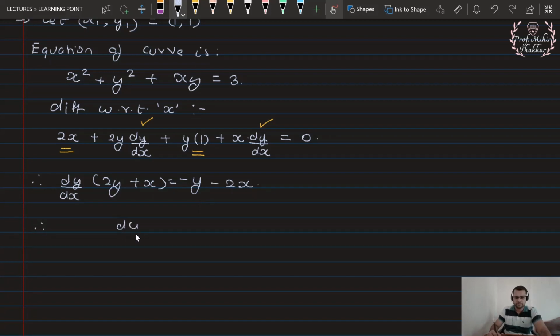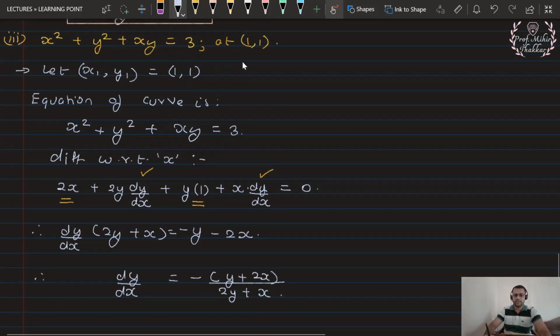Therefore in the numerator I take out minus common, minus of y plus 2x, and it is y plus x. So that becomes our required derivative of the given function.